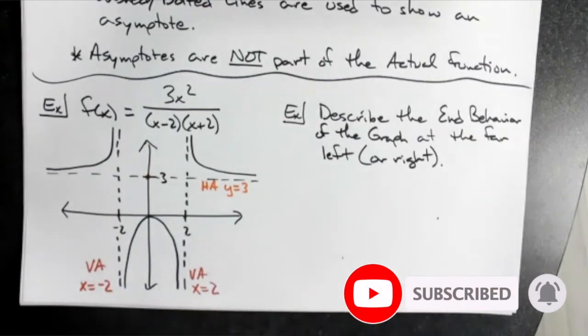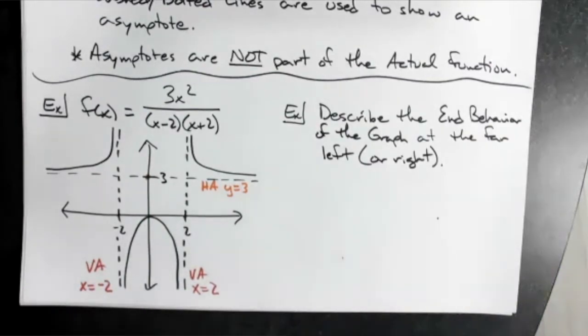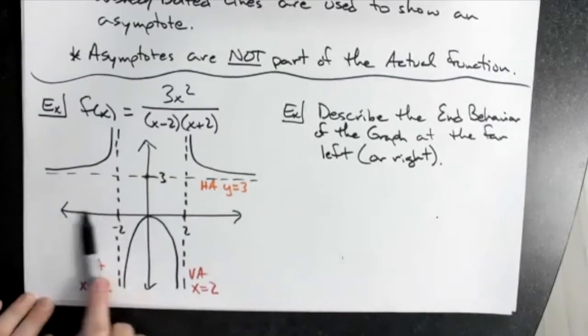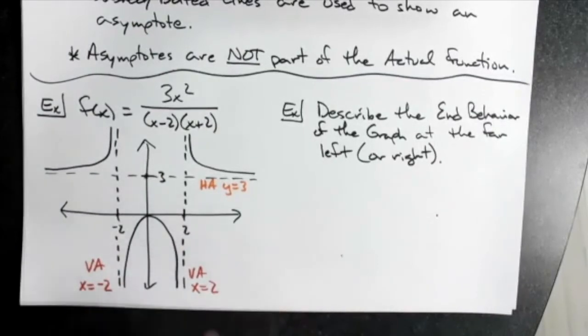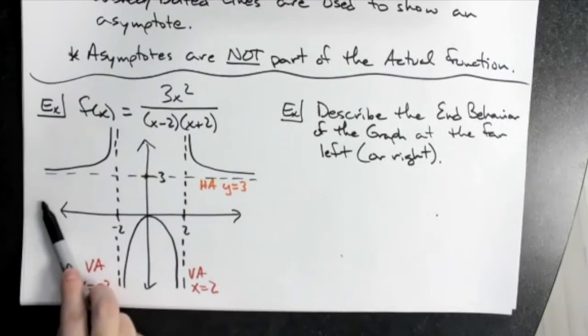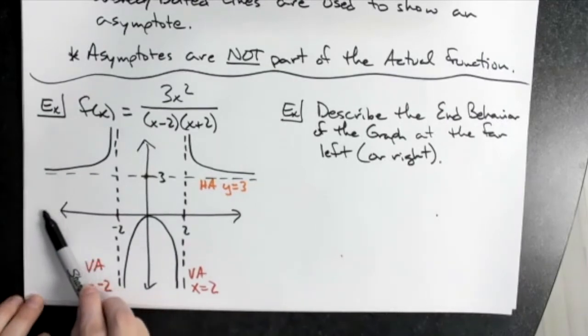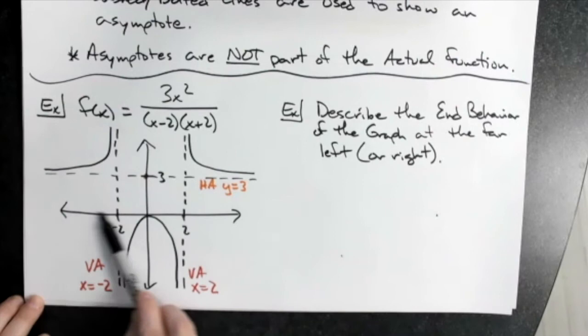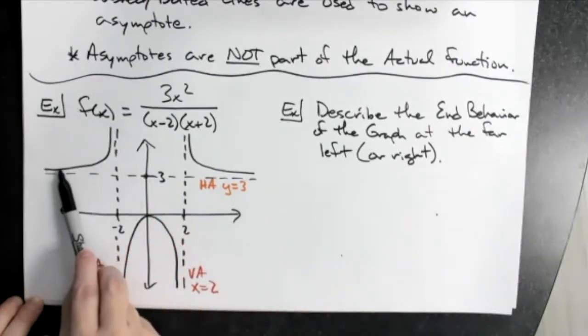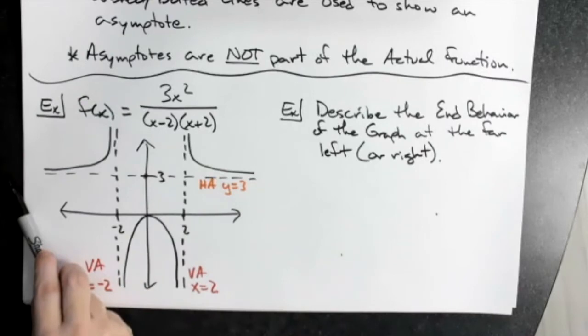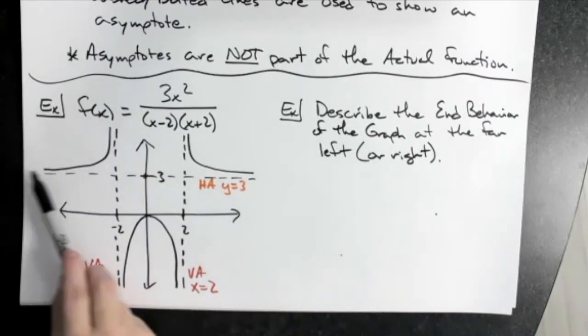Okay, so let's do far left. This would be the far left side of the graph. You're looking at the graph left to right. This is clearly the left side. Now we know that the x-axis goes on forever and ever in both directions. This portion of the graph also goes on to the left, as far as it possibly can, forever and ever.